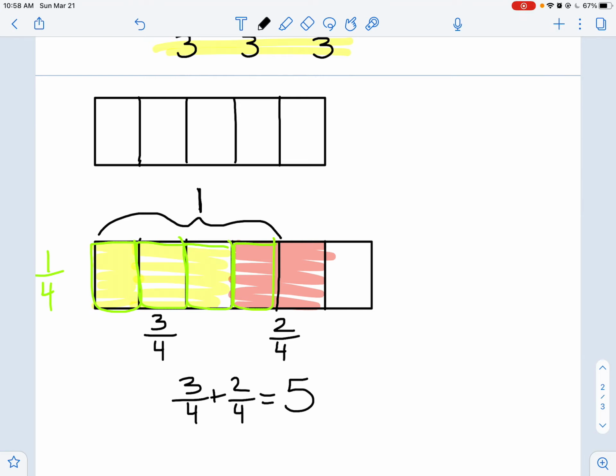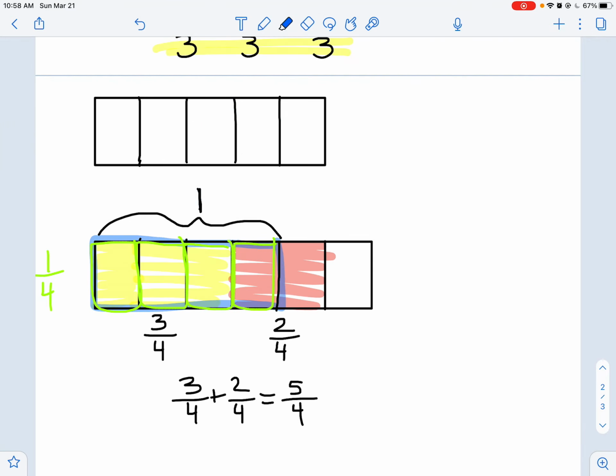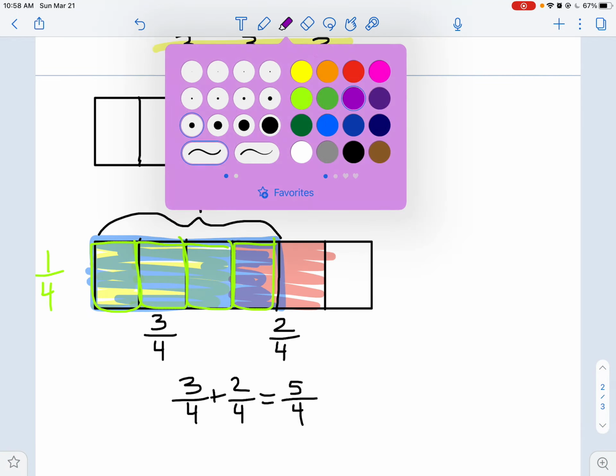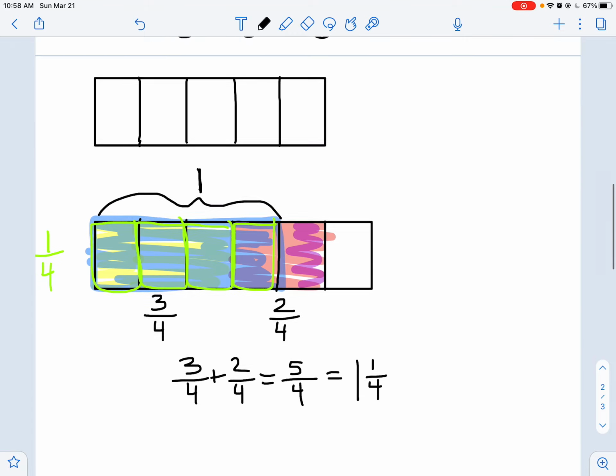Tells me we have 5/4 on here, okay? Or you can also think of it as, look at this. This is kind of cool. Here's 1 whole, right? We have 1 whole shaded, and then we have 1 more fourth. So we could also say it's the same thing as 1 whole plus 1/4, or 1 and 1/4. I don't want you to worry about that part today too much, though.